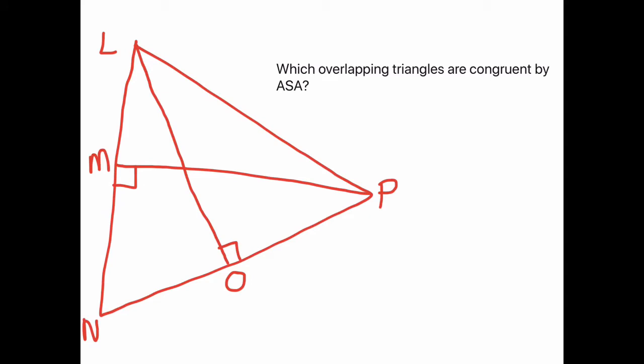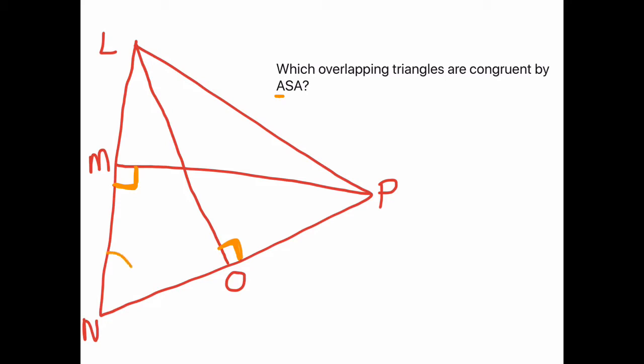Which overlapping triangles are congruent by angle, side, angle? This is definitely a tricky question here. So if we're looking at all these angles, the only angles we actually know right now are these right angles here. So we definitely want to utilize those. And then when we need overlapping triangles, we have one angle, so we still need a side and another angle. It doesn't look like any of our sides overlap.